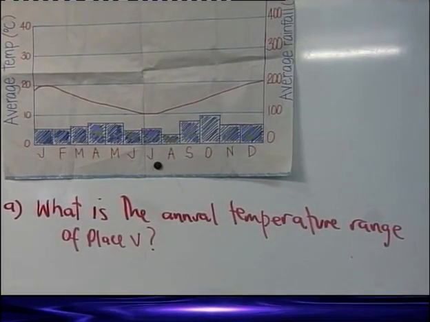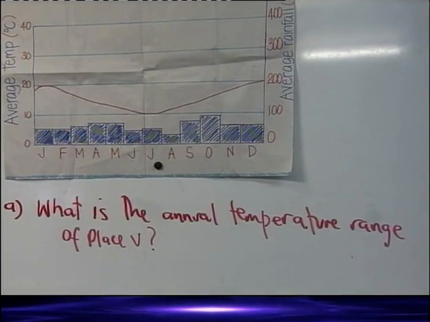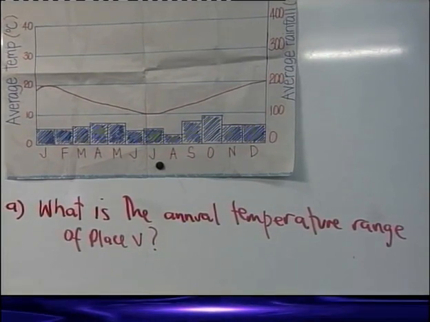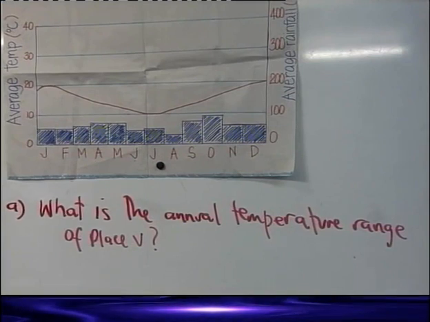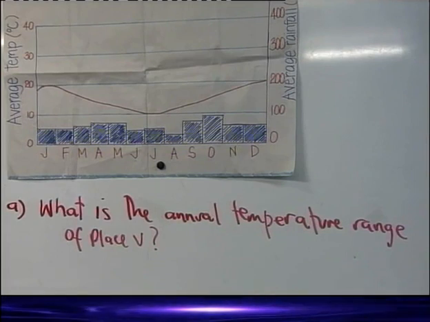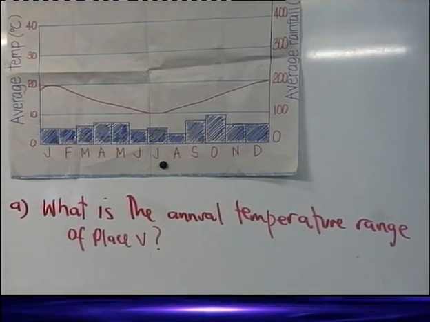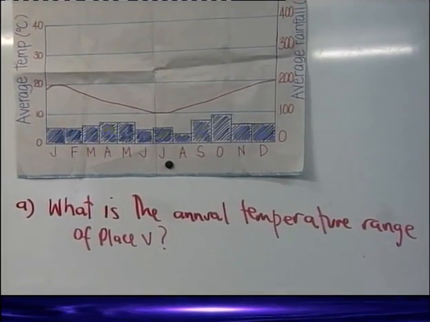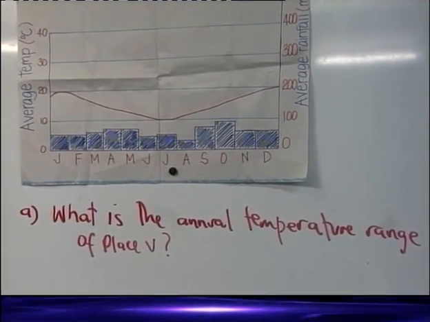You will calculate, or minus, the lowest reading from the highest. Temperature range: the lowest reading from the highest reading. So what's the highest reading there? You look at the highest and the lowest and you subtract, and then you get the temperature range. Look at your temperature readings.